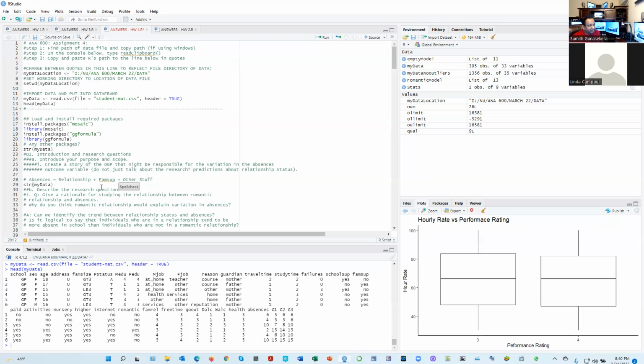Effect modifier means they're going to try to build up the interaction between those two. Let's say if I go ahead and add here, they built up an interaction.